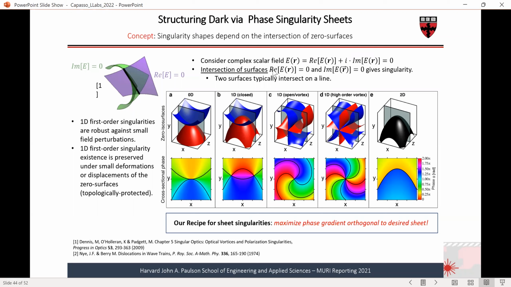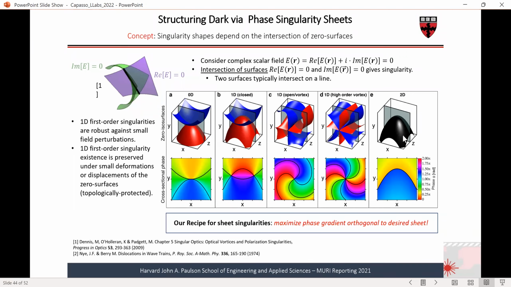And these intersections of surfaces give you the singular region, right? So this is the line singularity of a vortex beam that I told you before. This is a zero-dimensional singularity with the real part and imaginary part equal to zero meeting at one point. And this is a surface. So we ask, can we design a surface that is singular?